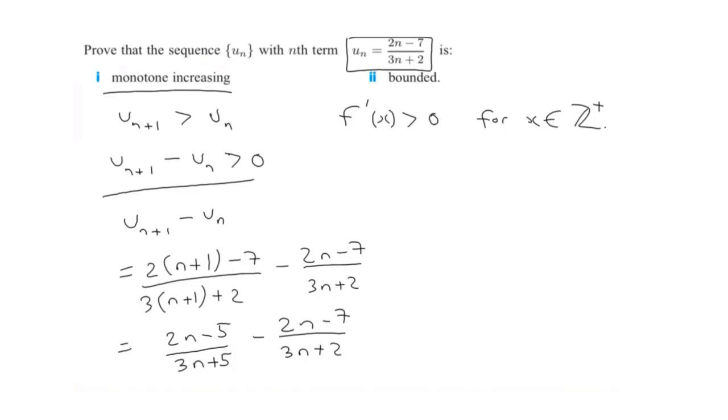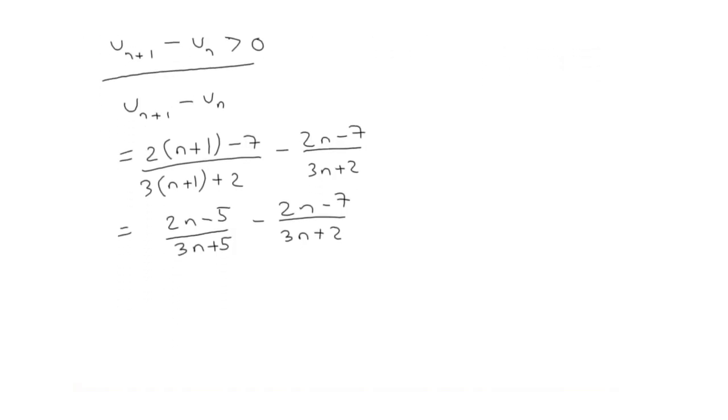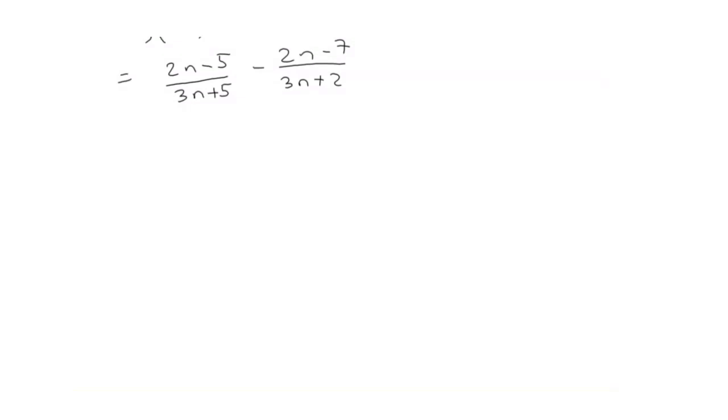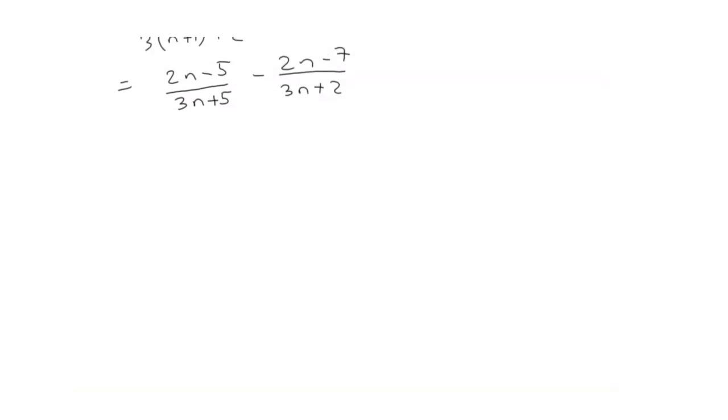So now if we look at that, remember all I'm looking to do is show that this is always positive for monotone increasing. So what I am going to do, I have one expression for this, and there's no friendly common denominator that jumps out at you, so sadly you're going to have to cross multiply to find the denominator.